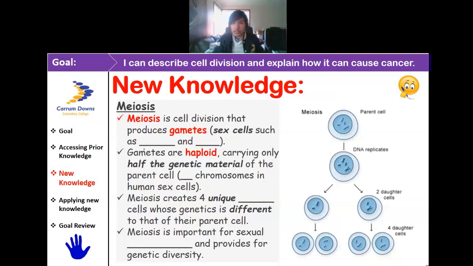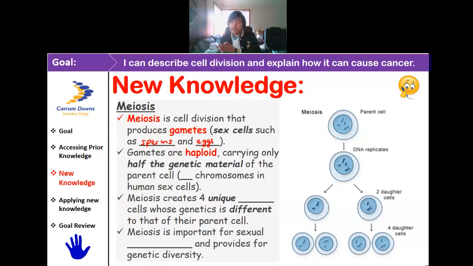The sex cells that we have in humans would be sperm and eggs. So gametes are haploid. Haploid because they carry only half the genetic material. So that's probably an easy way to remember that.